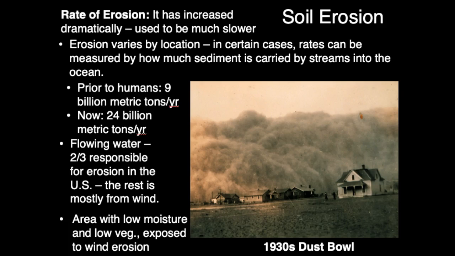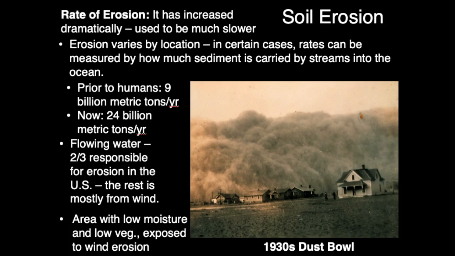Erosion varies greatly by location, and it depends on all the factors that were also important towards soil formation, such as, again, climate, parent material or rock type, the time, the topography, and the living organisms on top. In certain areas, the erosion rates can be measured by how much sediment is carried by streams into the ocean.